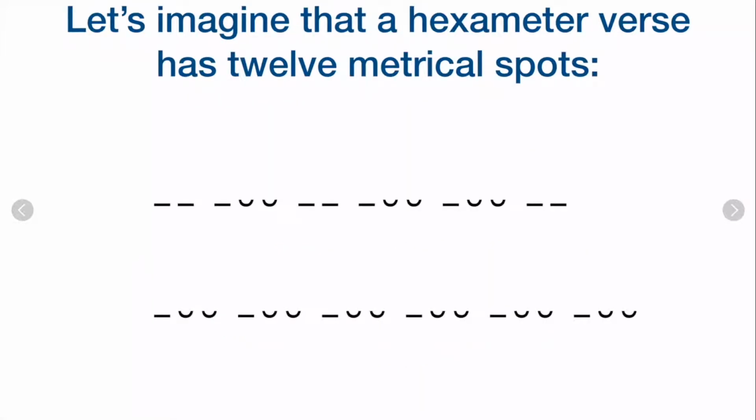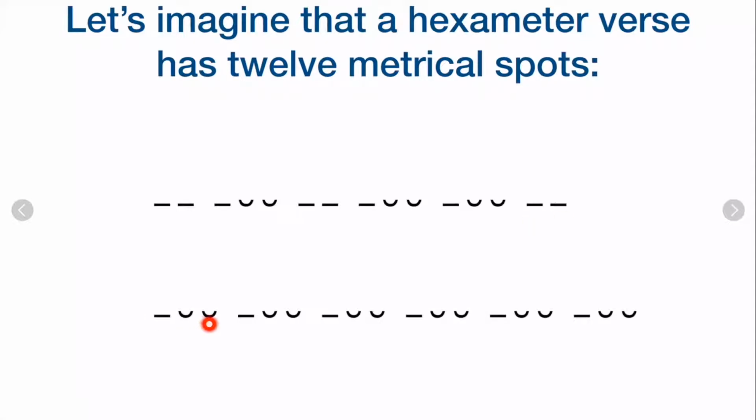So let's imagine that a hexameter verse has 12 metrical spots, where each metrical spot is either a long or a pair of shorts. So we could go 1, 2, 3, 4, 5, 6, 7, 8, 9, 10, 11, 12.